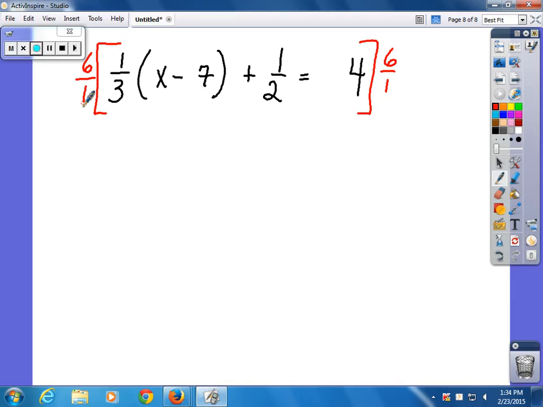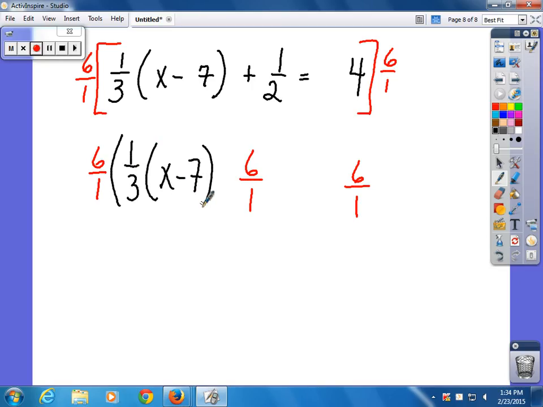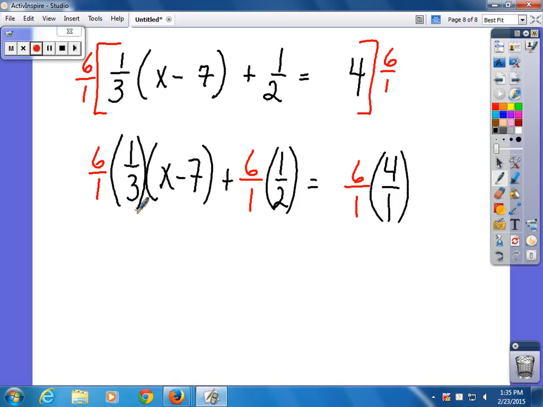I'm going to put a baby step in here. So that's 6 over 1.